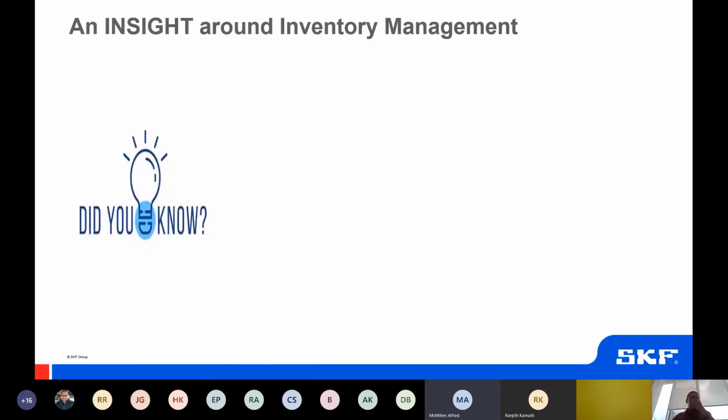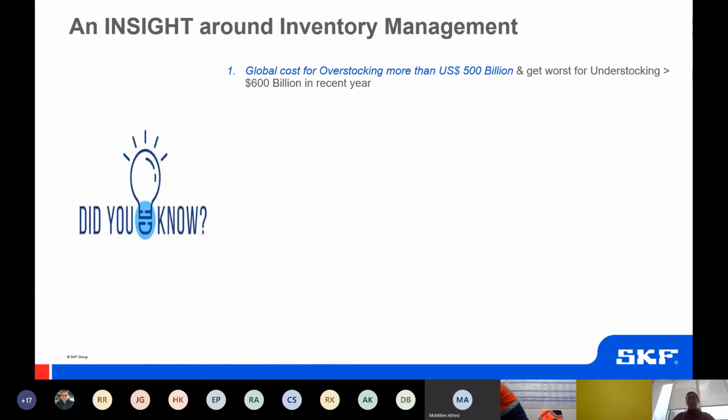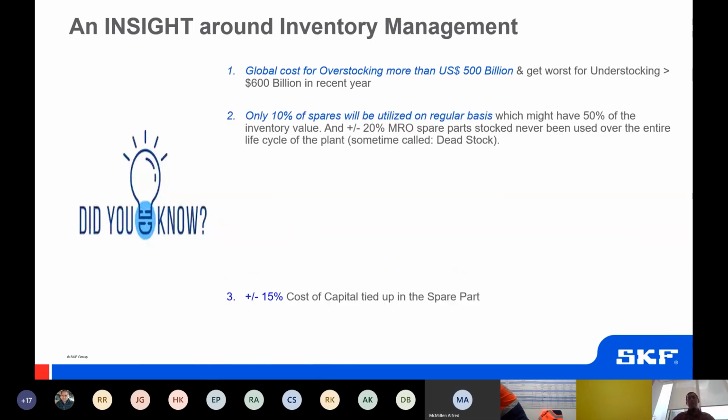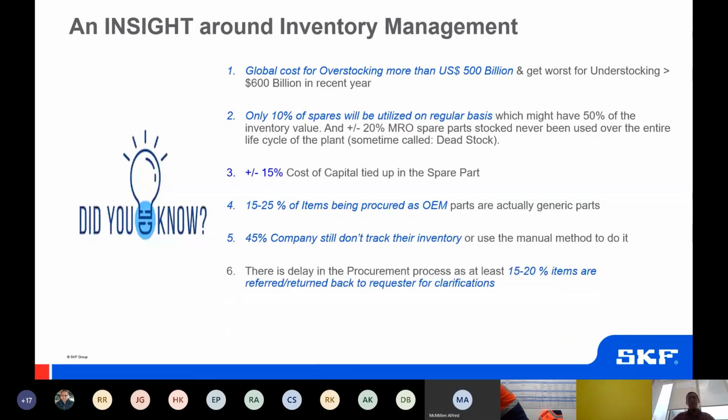So let's start. This is an insight. I will be quick on this one, because I just want to give you an idea about the numbers that you might consider within your organization, and then move on to the way forward or improvement.